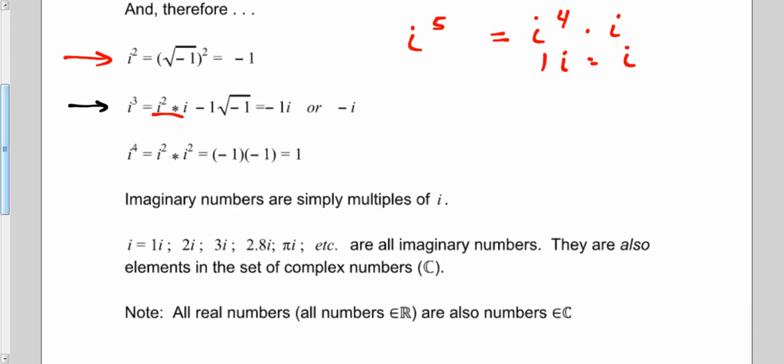As we learned from our Venn diagrams earlier in the week, we also know that all real numbers are in the set of complex numbers. And that circle for the reals is also inside that circle. It's all the way inside that circle of the complex numbers.